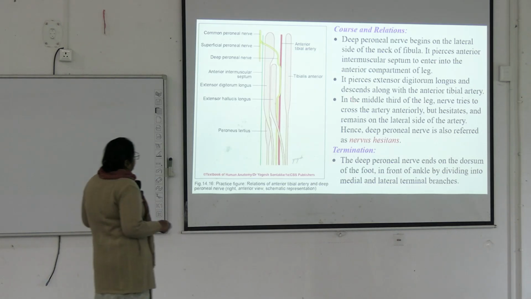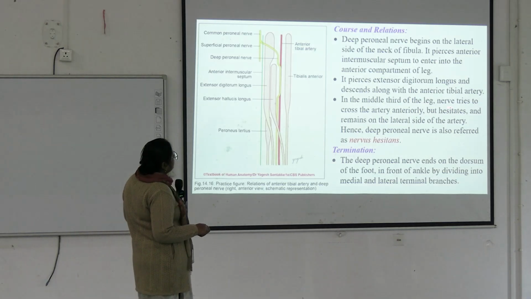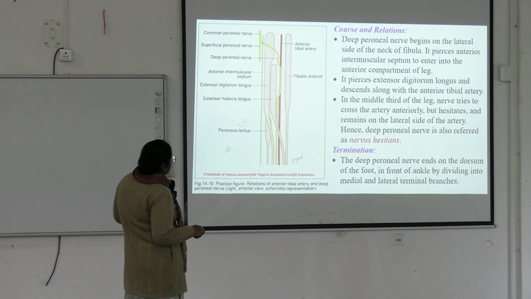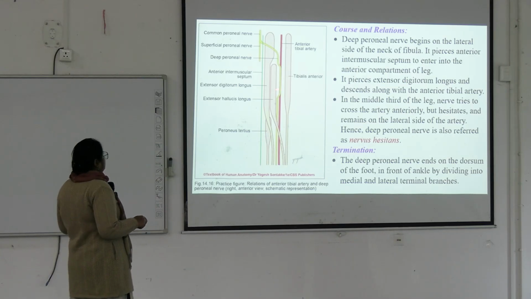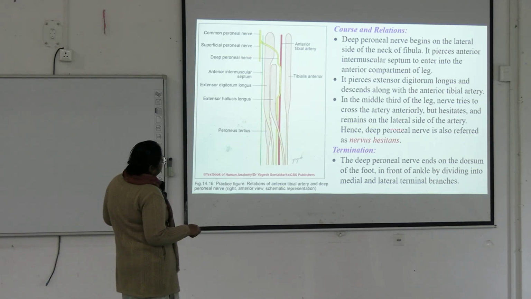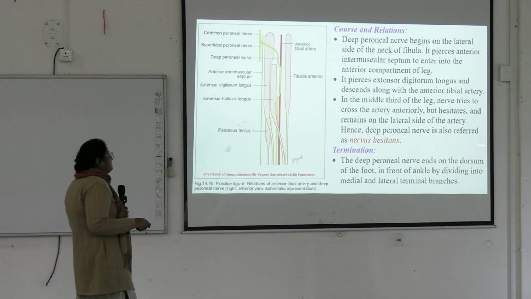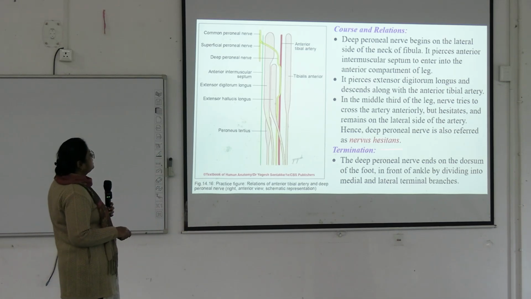Then in the middle third of the leg, the nerve tries to cross the artery anteriorly but hesitates and remains on the lateral side of the artery. Hence, the deep peroneal nerve is also referred to as Nervus Hesitans.